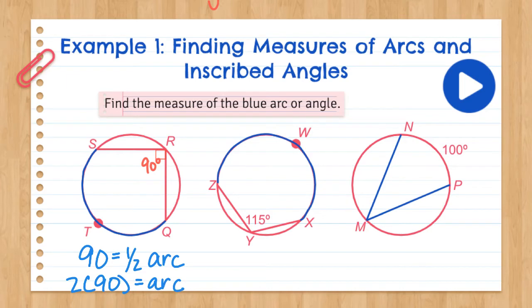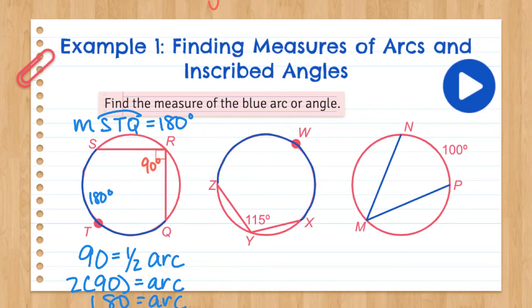And 2 times 90 is 180. So the arc is 180 degrees. So we can say that the measure of arc STQ equals 180 degrees.